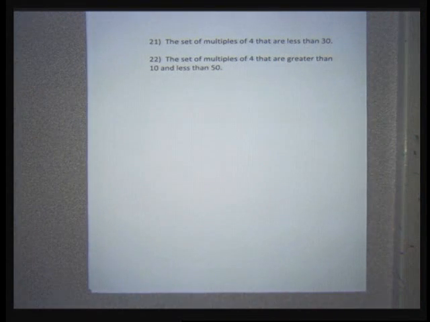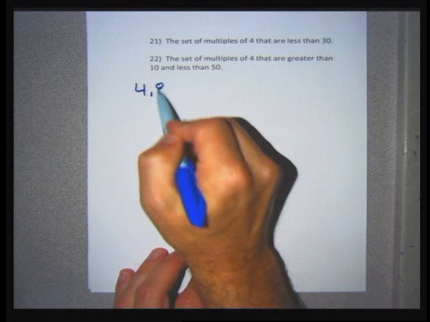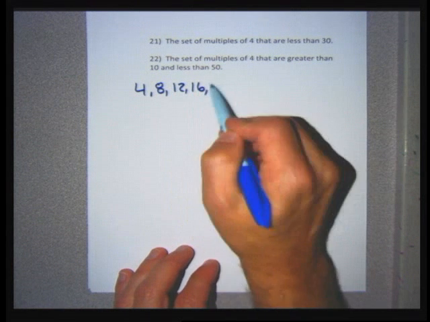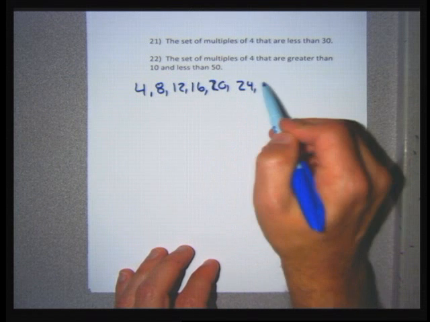21 and 22 are a little bit different. Mine's a little bit harder. The set of multiples of 4 that are greater than 10 and less than 50. So if I list the multiples of 4 and I get up to 50, I don't need to go any further.